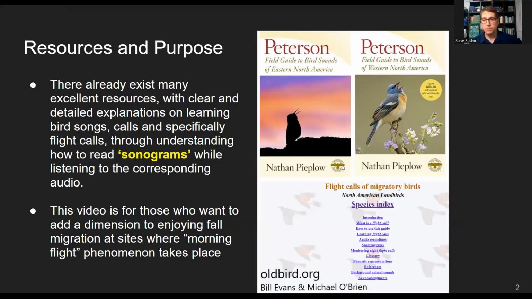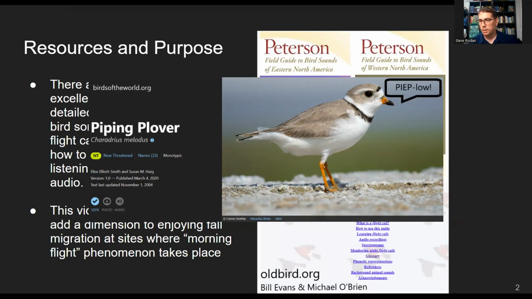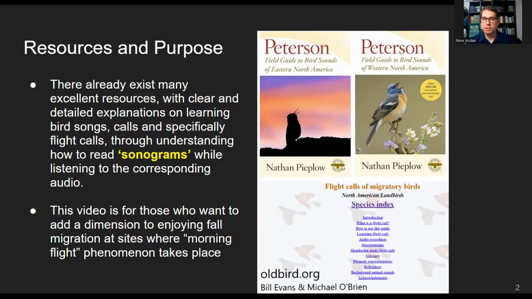As I promised, there are many resources you can find on the internet now, and there are apps, of course, like the Merlin app for bird sound recognition. But there are two great books. Well, I know the Eastern guide for sure. I haven't looked at the Western yet, but Nathan Pieplow, I'm not sure I'm pronouncing it correctly, but like the mnemonic for piping plover. Nathan's put together some great books that go over not just flight calls, but bird sounds in general.